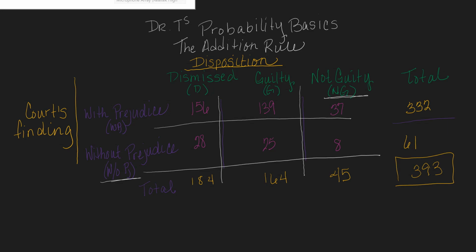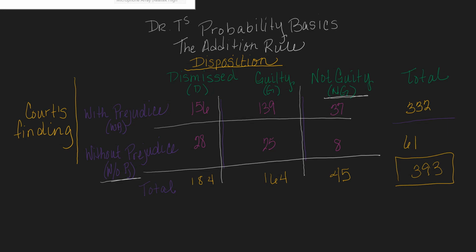So in this case, with events that are not mutually exclusive, we're going to figure the probability using the addition rule again. So we're going to find the probability that a randomly chosen case is disposed without prejudice or not guilty.